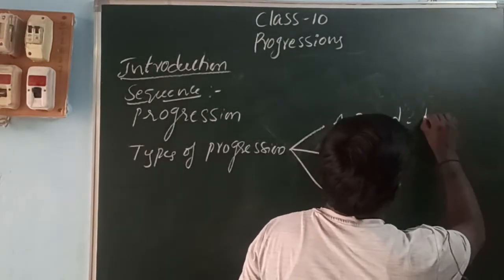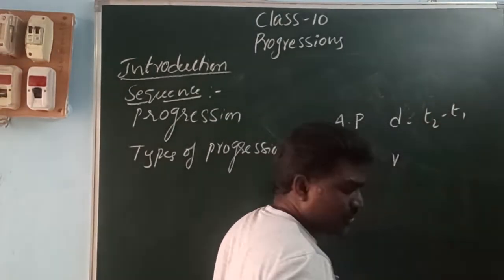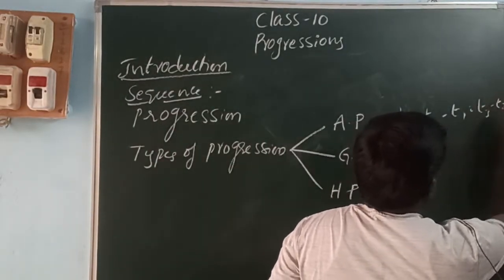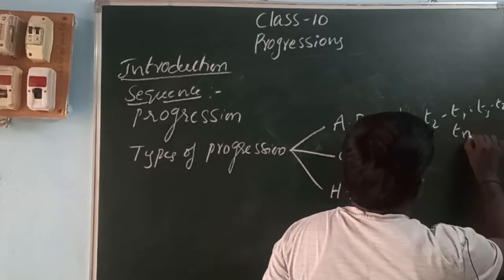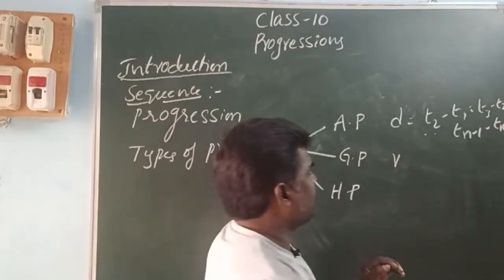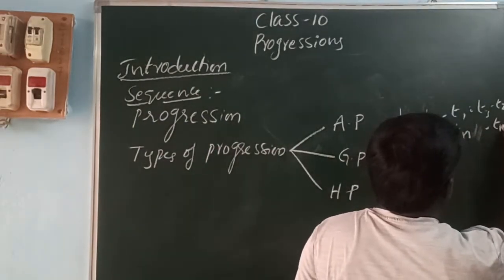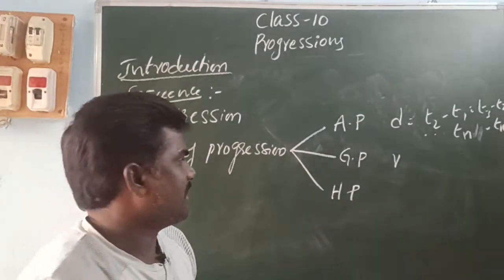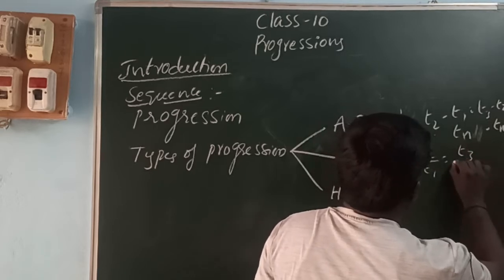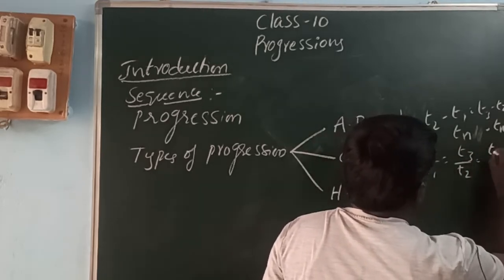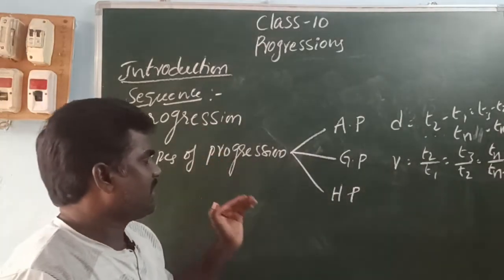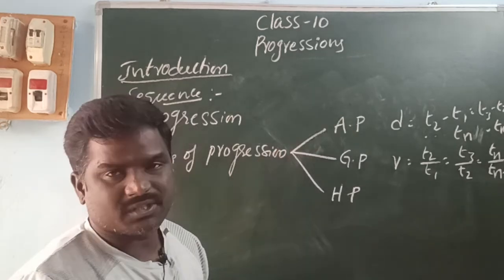T2 minus T1, or T3 minus T2, and so on, Tn minus Tn minus 1. Next, the common ratio is T2 by T1, then T3 by T2, and so on, Tn by Tn minus 1.